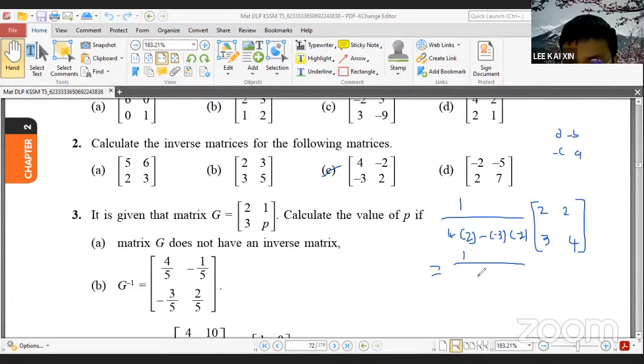So you get 1 over 4 times 2 is 8 minus 6. Okay. 8 minus 6 is 2. Half times with this one. I write properly, it looks like 3.